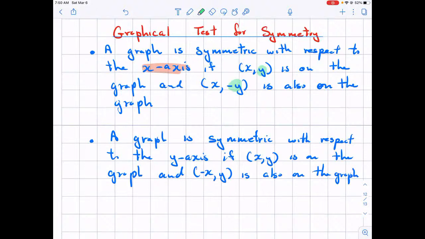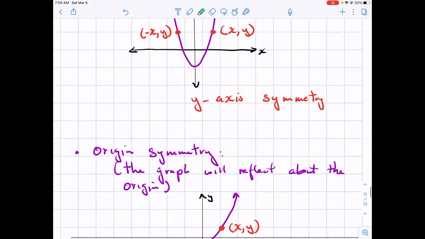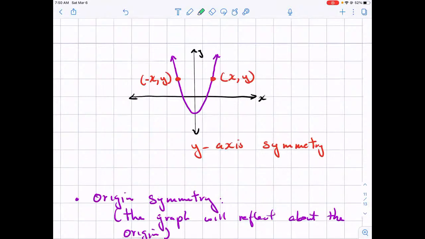So notice here that the x value now changed. And same thing for the picture. On the picture, x and minus x. So we've seen that, right?